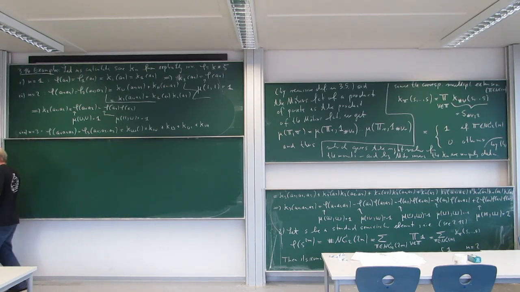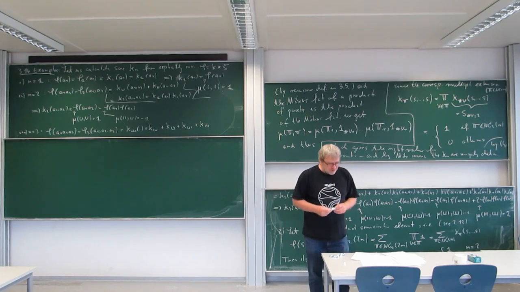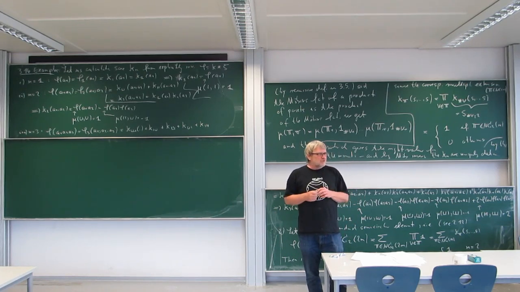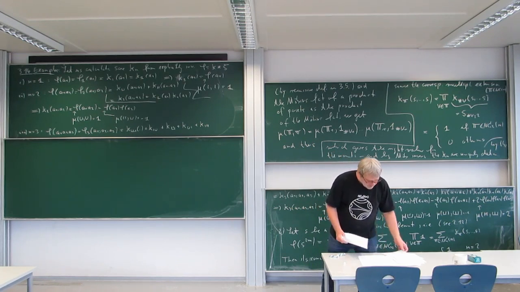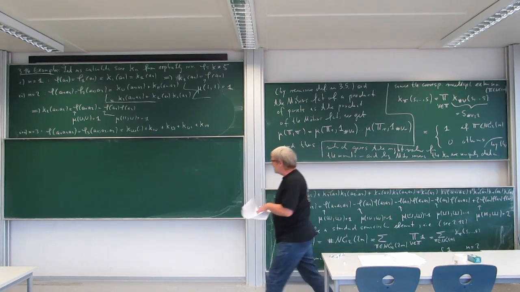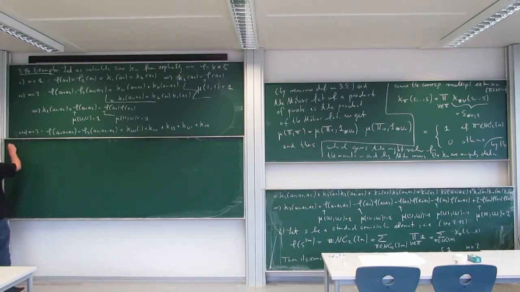And there we had a formula like this. So we sum over all non-crossing partitions, and the contribution of such a partition was actually lambda to the number of blocks.